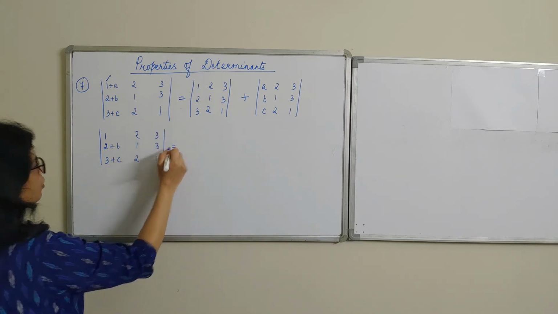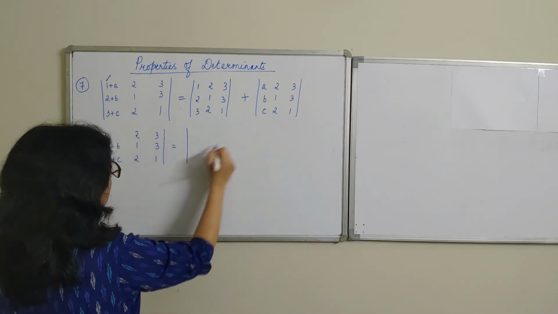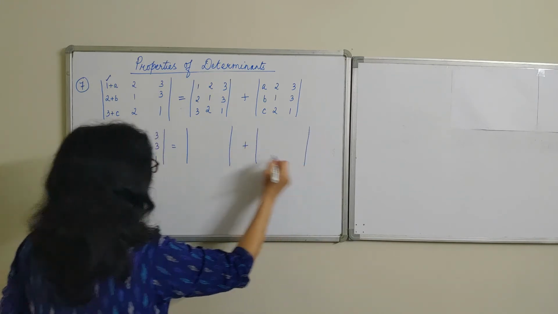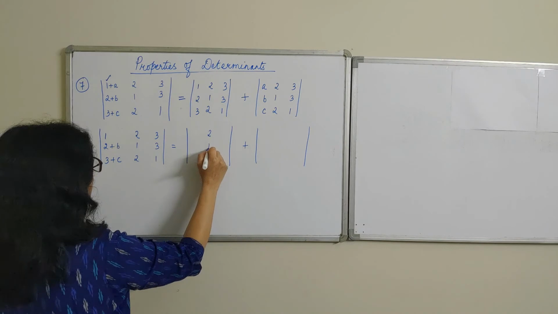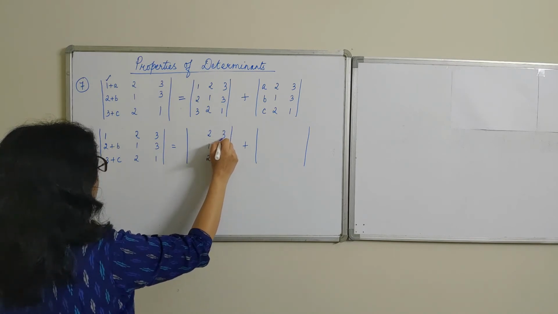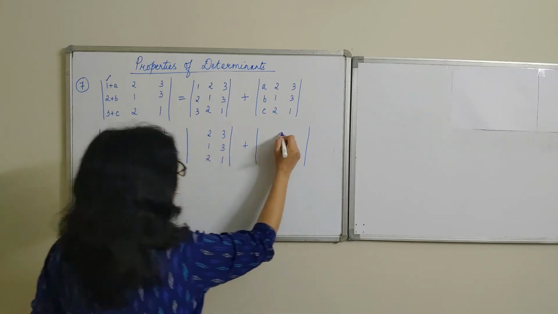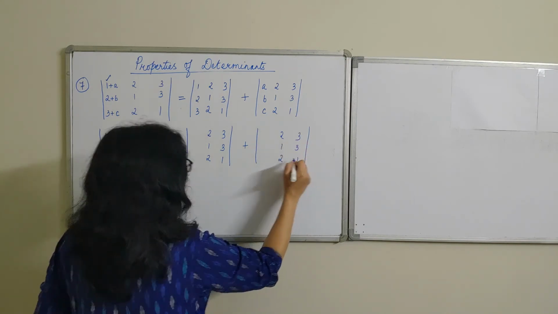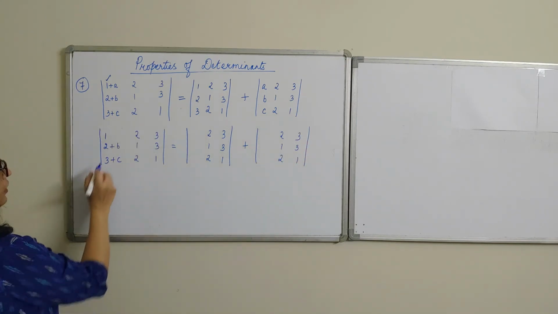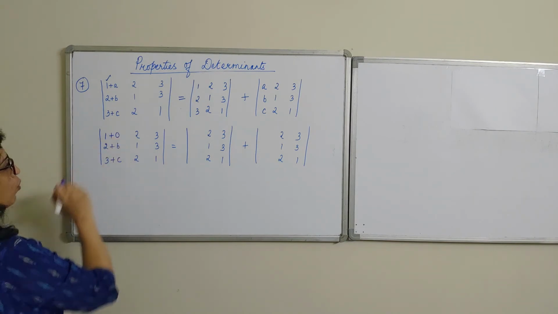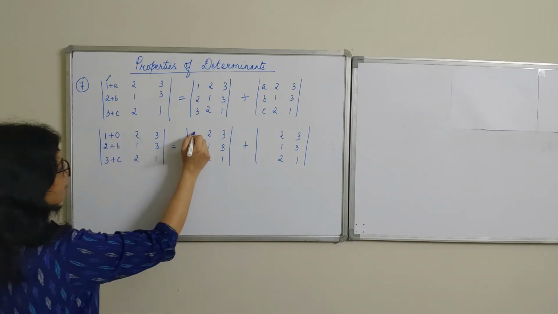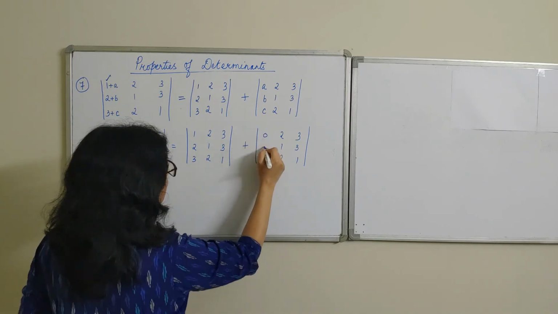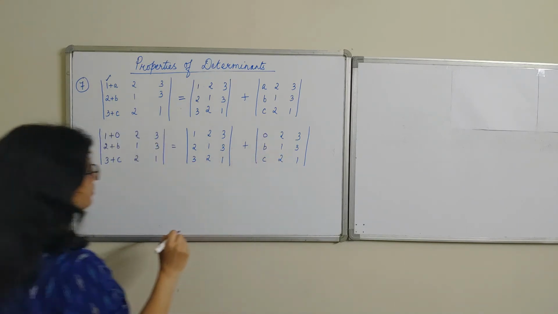In this case also, we can express the determinant as sum of 2 determinants, where once again the second column and the third column remain the same. So here is only 1. You can write down 1 as 1 plus 0. Write down the elements 1, 2, 3 in the first column here, and the elements 0, B, C like this.